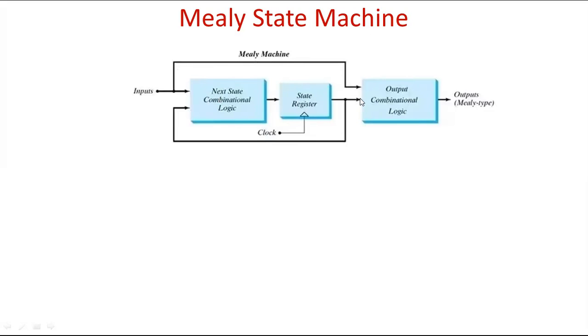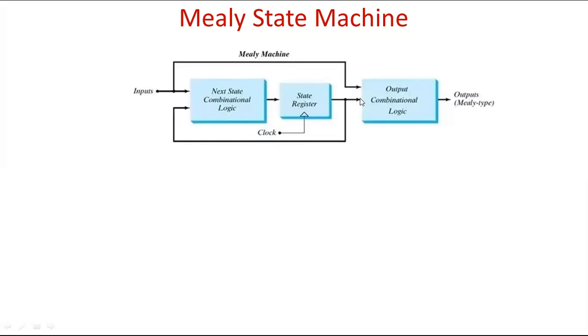So the difference we can notice between the Mealy machine and the Moore machine is that in the Mealy machine, the output depends on both the present state and the present input, whereas in the Moore machine, the output depends only on the present state. In the Mealy machine, generally, there are fewer states compared to the Moore machine, whereas the Moore machine has more states.